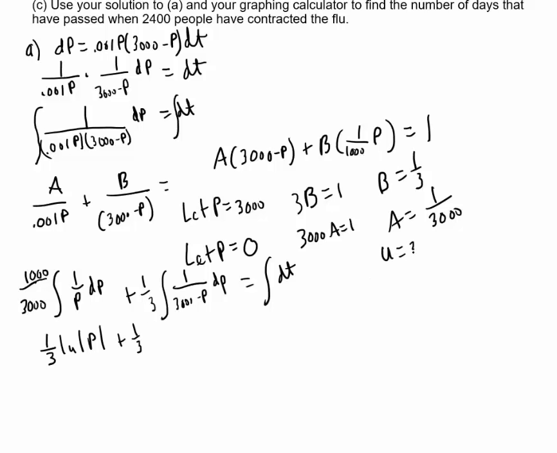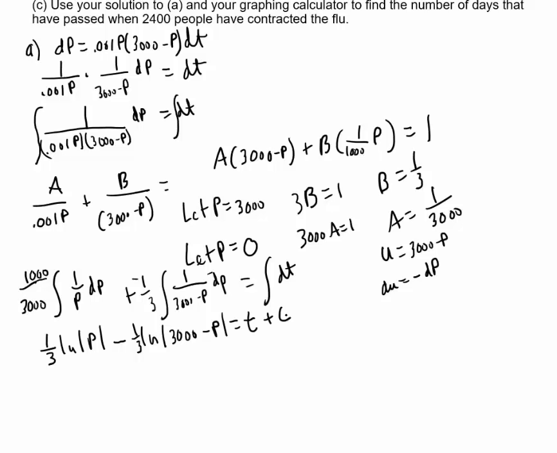So I make u equal to 3,000 minus p. The derivative du would be -1 dp. So I'd have to put a negative here, which means a negative out front, which means I need to erase this and make that a minus sign. Then it's 1 over u, which is ln absolute value of u, and replace u back with 3,000 minus p. Equals the integral of 1 dt, which is just t.